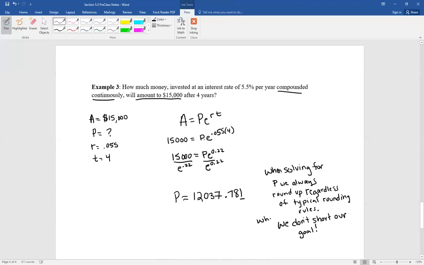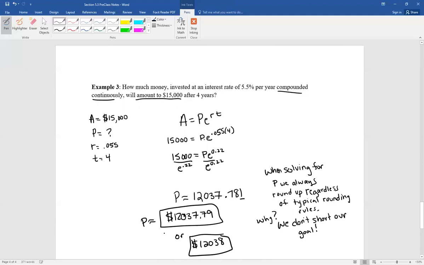So that's the why. Okay, so this would be 12,037.79 if you want to be in cents, or if they told you, well, let's just put in a whole dollar amount, we would make sure we bumped this up to 38, again, regardless of this being a 0.7 after it. So when you're solving for P, you want to make sure you overreach for that goal instead of underreach.